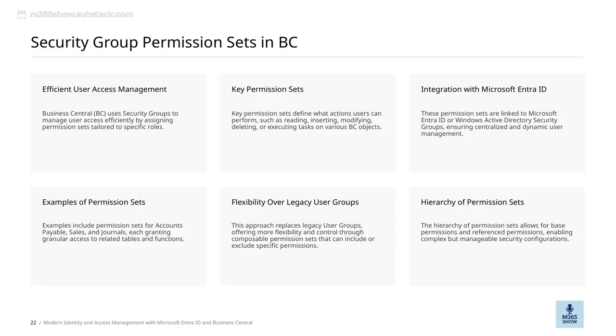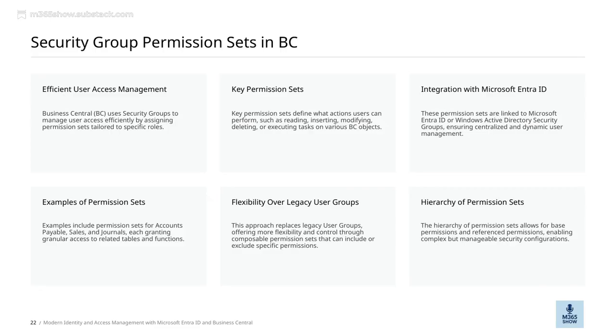For example, there are permission sets for areas like accounts payable, sales, and journals. Each of these grants granular access to related tables and functions, giving us fine control over what users can see and do. This modular approach makes managing security much more efficient and adaptable.